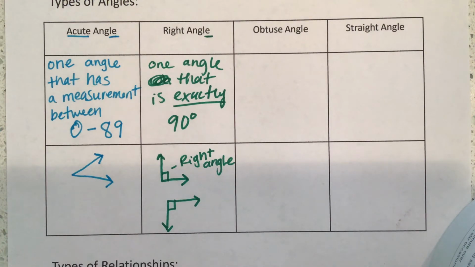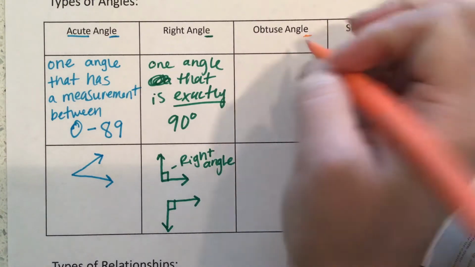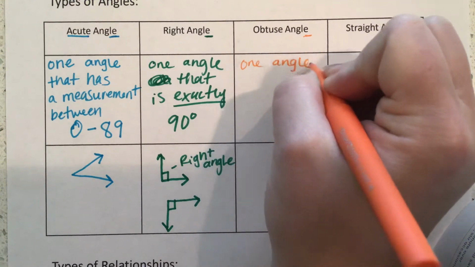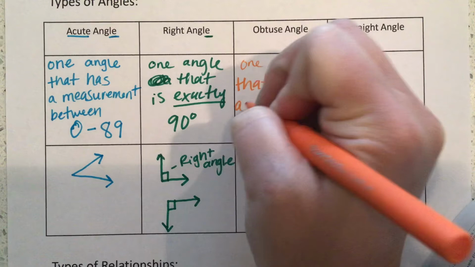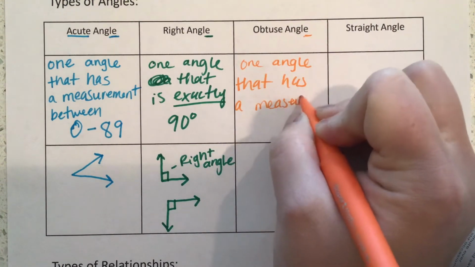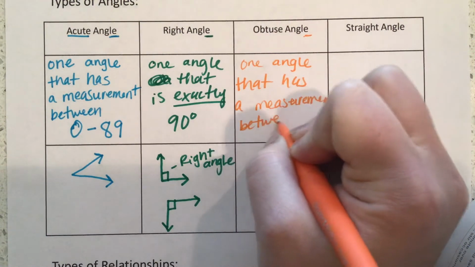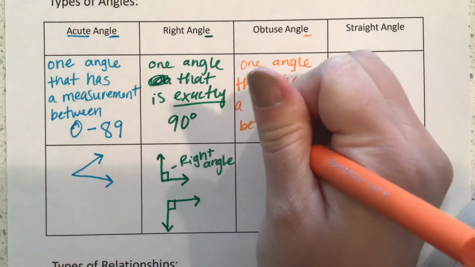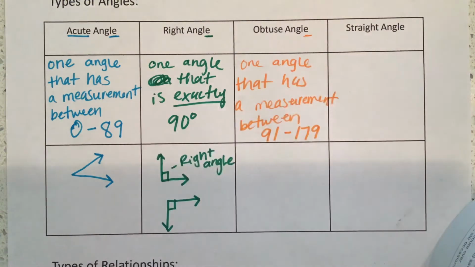The next one we have is an obtuse angle. Same thing, it is a single angle. So this is one angle that has a measurement between, so we've already covered 0 to 89, we got 90, so this is going to be between 91 and 179.